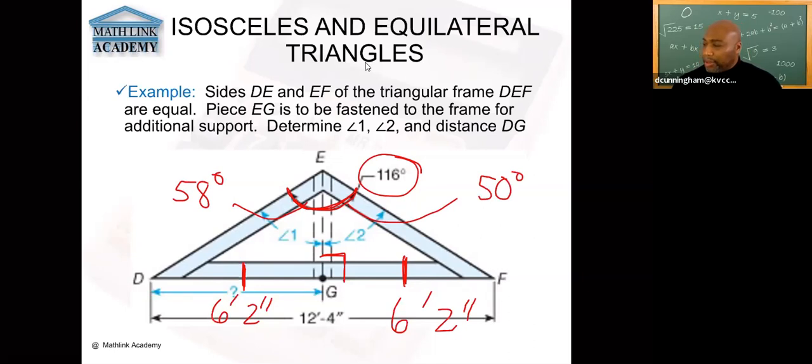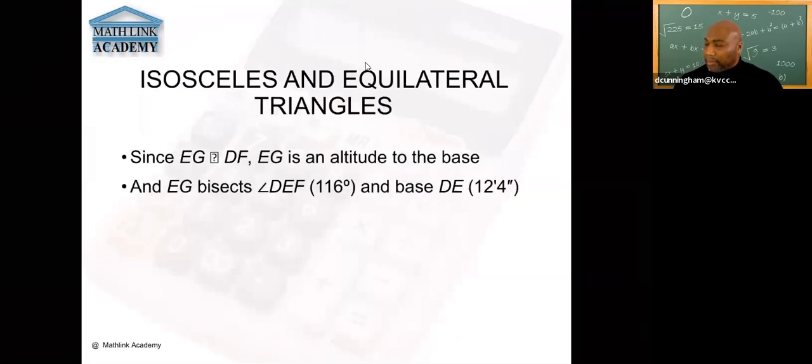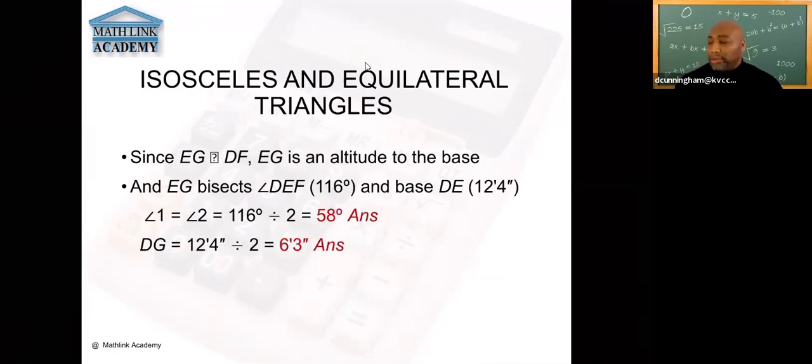Let me clear this and show you the work done earlier. Since it's a bisector, the angle at the vertex is divided by 2, and the base is divided by 2. In this case it would be 6 feet 2 inches, not 3. That's not correct. It's 6 feet 2 inches as the answer.